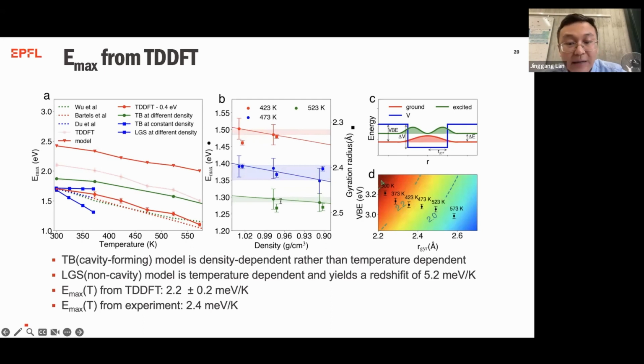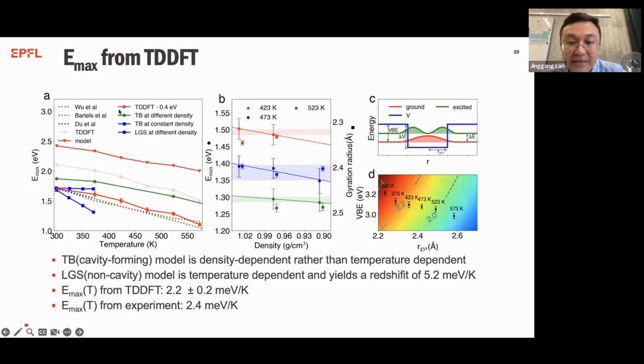And since the temperature and density change together in our simulation, the origin of the redshift is not clear yet. So we further carry out two additional sets of simulations. In the first set, we change the temperature while keeping the density fixed, as one can see in these 3 points.